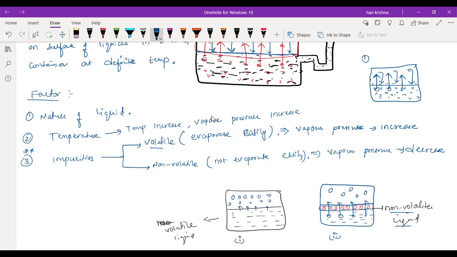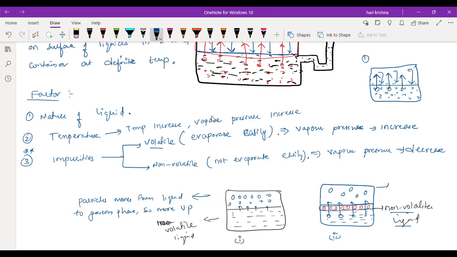In the first case, it is a volatile liquid, so the particles will move easily from liquid phase to gaseous phase, so there will be more vapor pressure here. Particles move from liquid to gaseous phase, so more vapor pressure.